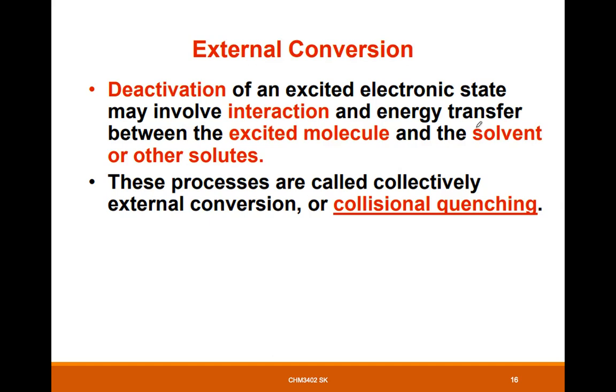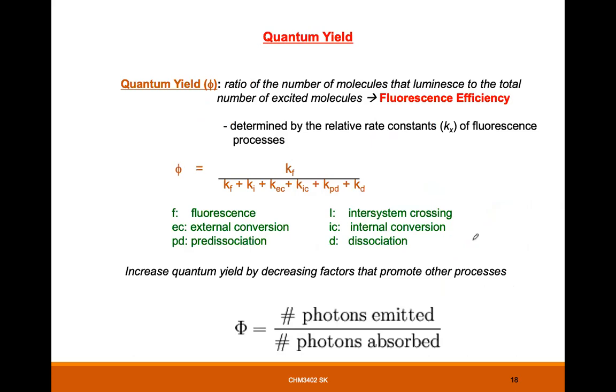This will cause the fluorescence to lower down, and the process of lowering down of the fluorescence is called quenching. The word quenching describes the lowering of the fluorescence intensity.